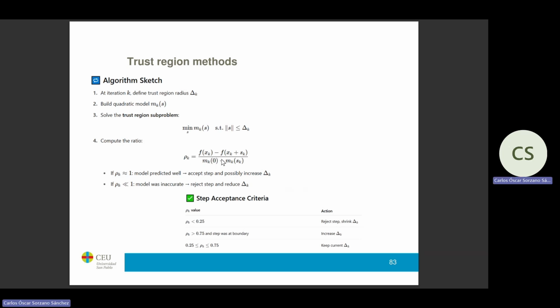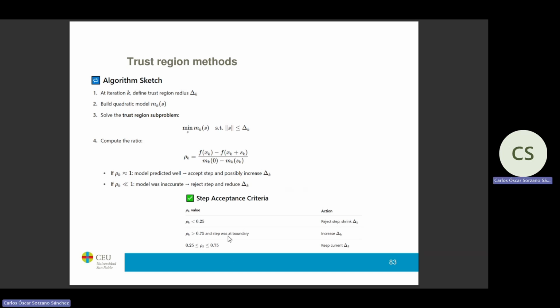Okay, so if the function changes in the same amount as the model, so the ratio is 1, then the model is a good model. And then if the model is a good model, you increase your trust region area. So if it is larger than some threshold, here we are putting 0.75, but it can be a relatively large number, large in terms of 0 to 1.